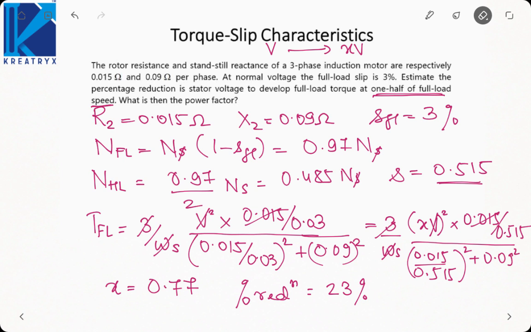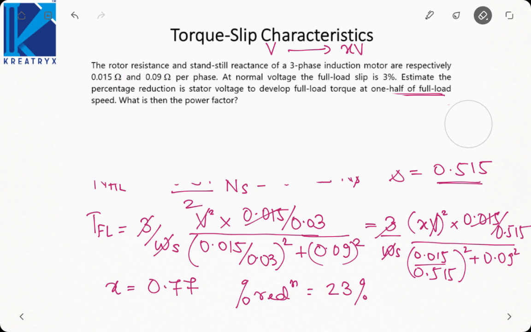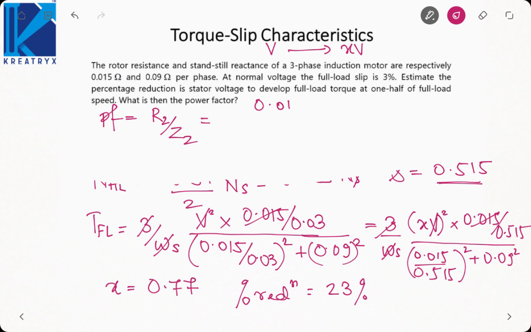Now it is asking the power factor in such a condition. So remember, in case of induction motor, power factor is always R2 by Z2, which is 0.015 by 0.515, sorry, R2 by S, 0.515.